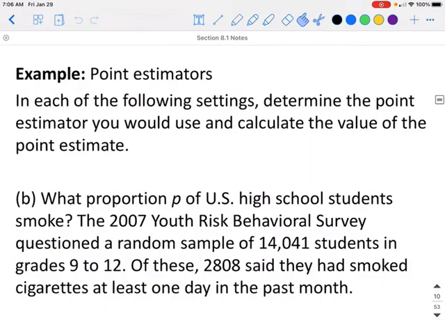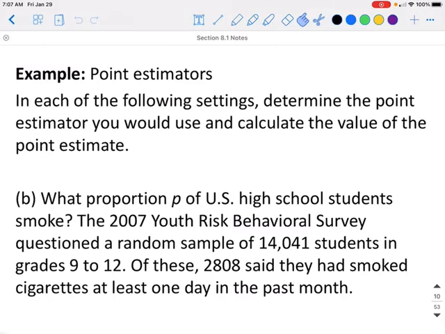What proportion P of U.S. high school students smoke? The 2007 Youth Risk Behavior Survey questioned a random sample of 14,041 students in the grades 9th through 12th grade. Of these, 2,808 said that they had smoked cigarettes at least one day in the past month.